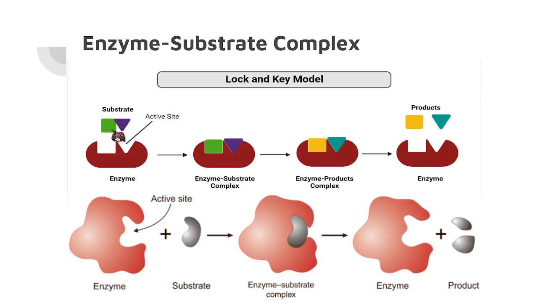The square molecule binds perfectly to the square-ish binding site, and the triangular molecule binds to the triangle site. And it's going to undergo catalysis and be turned into products, as we see here. So that is the lock and key model.